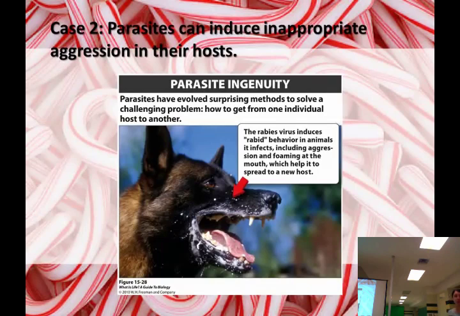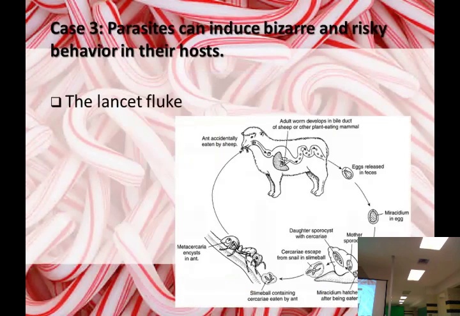Dogs wouldn't normally bite other dogs, and dogs wouldn't normally bite humans, but the rabies virus makes them have this inappropriate aggression so that it can be spread to its next host. And so it can cause things to display inappropriate behaviors.